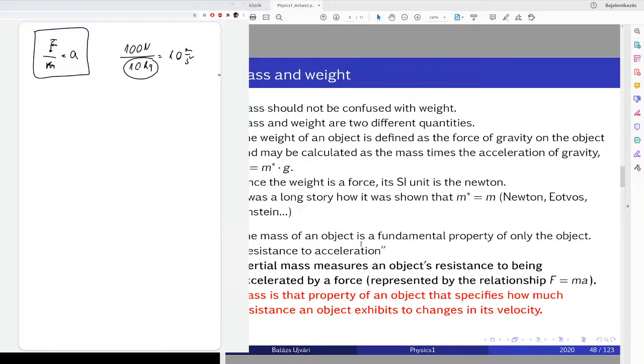If I have a body with 100 kilograms, acceleration will be smaller. So it means more resistance against the force. So weight is what you push on the floor, and its unit is Newton, and this inertial mass is the resistance against the force. The larger inertial mass means smaller acceleration using the same force.